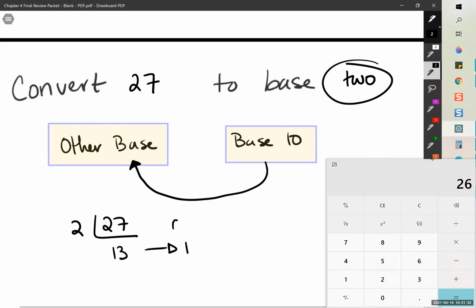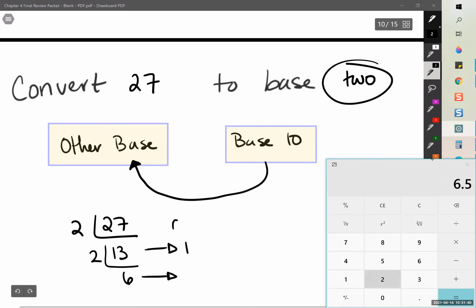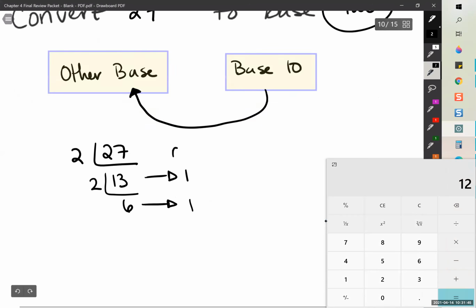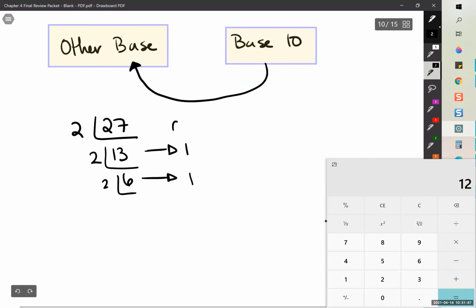And we just continue to iterate this. Divide this by 2. 6 times perfectly. 2 times 6 is 12, so we need a remainder of 1. Now 2 goes into 6 3 times perfectly. So there is no remainder needed because 2 times 3 is 6.